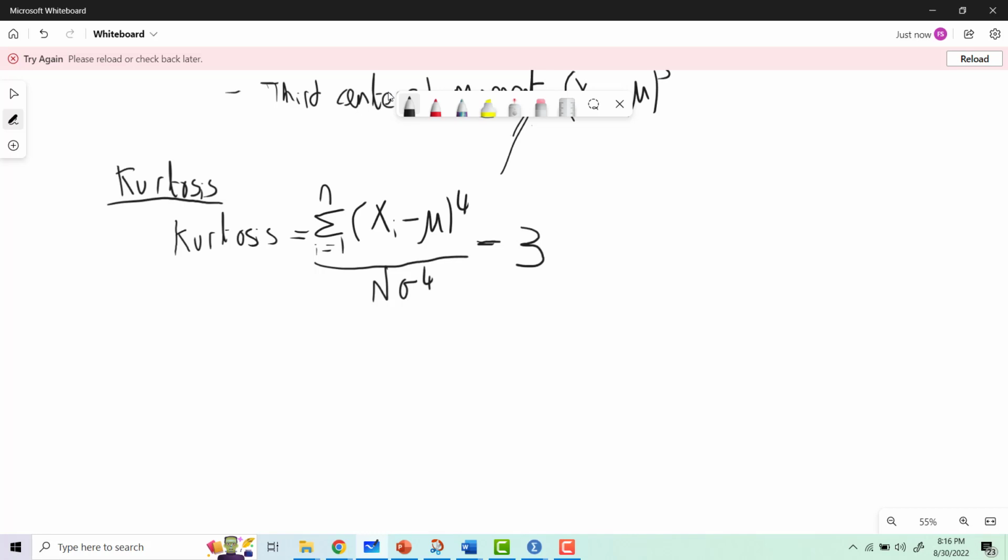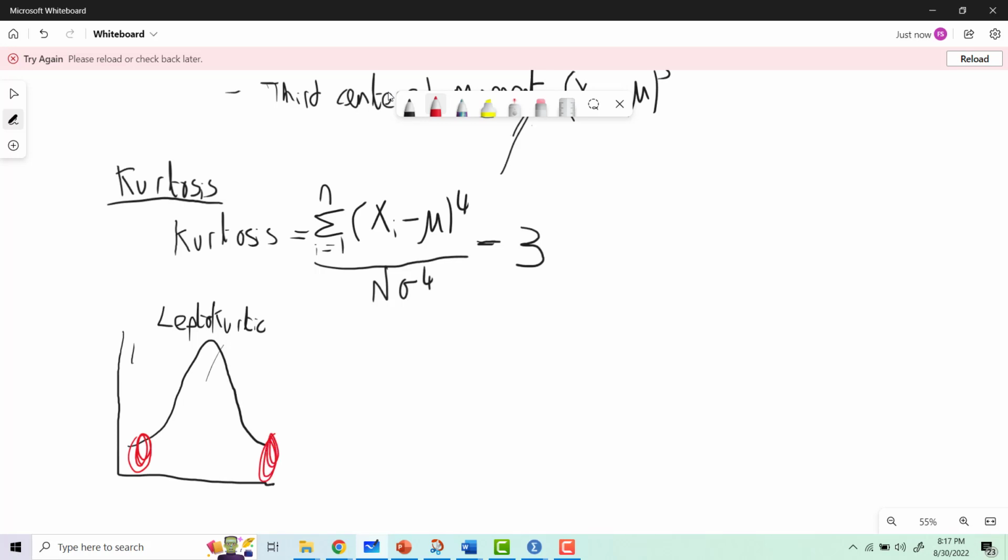Now, if we have quite a few large values away from the mean, this kind of leptokurtic shape, with these very thick tails, then this value is going to be bigger than if we have the platykurtic, where it's like thinner tails.